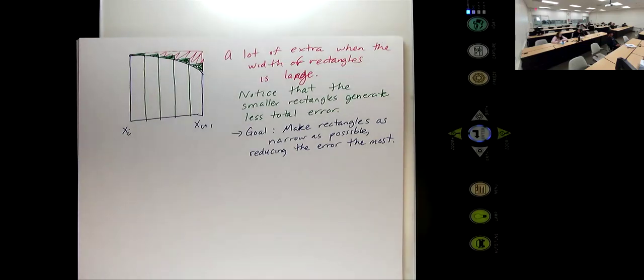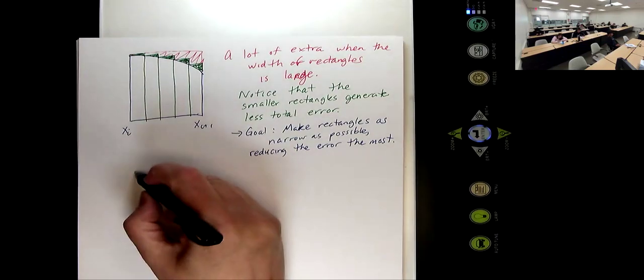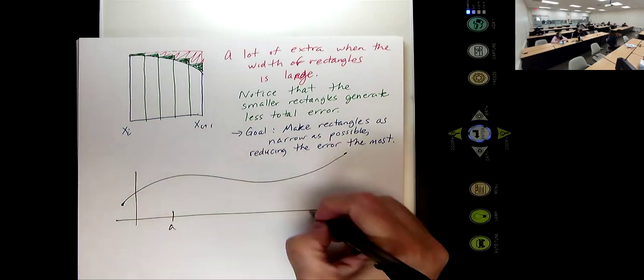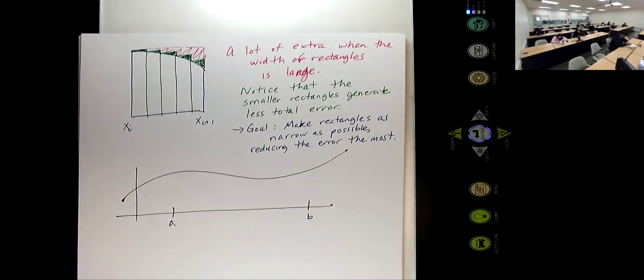Okay, so with that in mind, what we do is break this up into a bunch of rectangles.